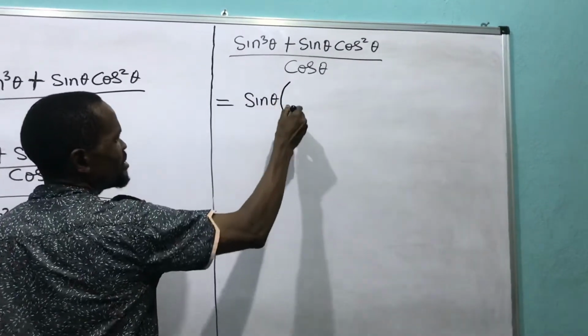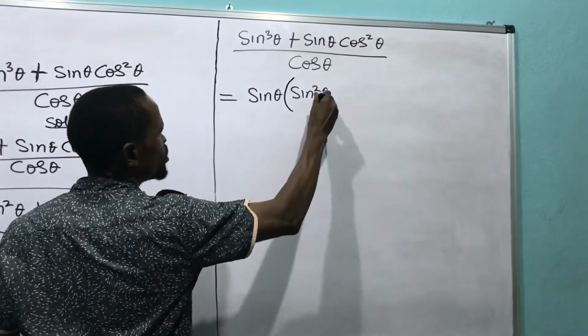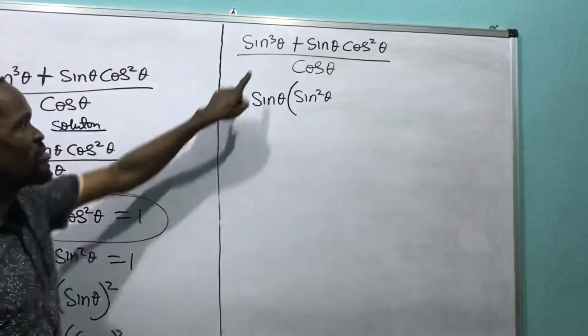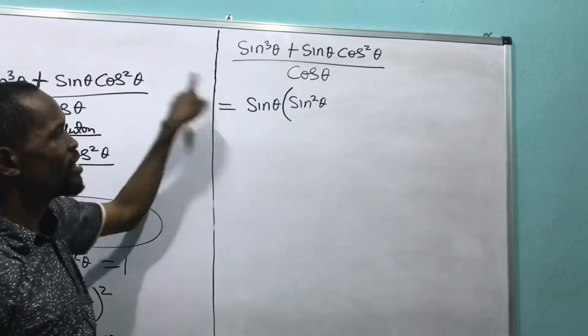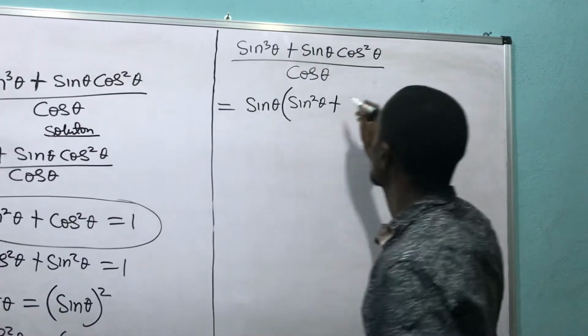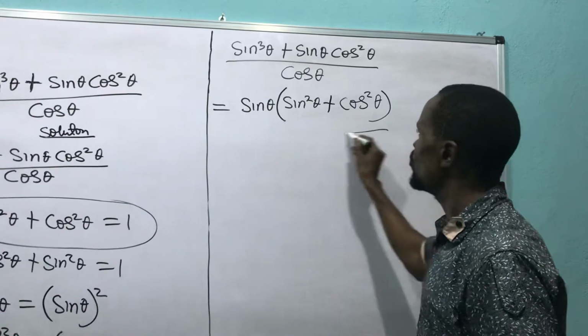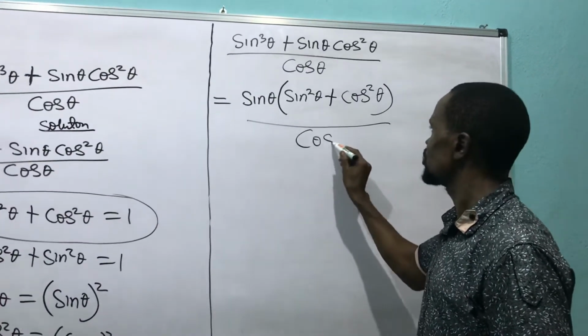Inside I will have sine square theta, which is the 3 minus 1, so it remains 2, plus cos square theta, all over cos theta.